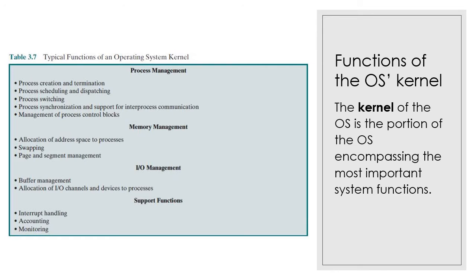Memory management: allocation of address space to processes, swapping, page and segment management. I/O management: buffer management, allocation of I/O channels and devices to processes. Support functions: interrupt handling, accounting, and monitoring. I am not going to talk about these functions in detail because they will be covered in the chapters of this course.